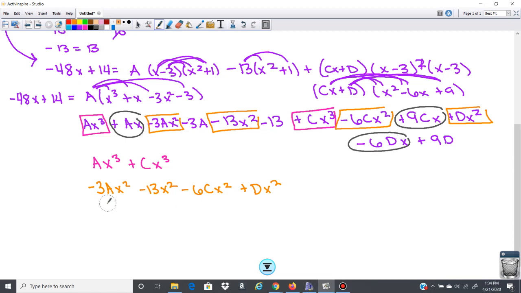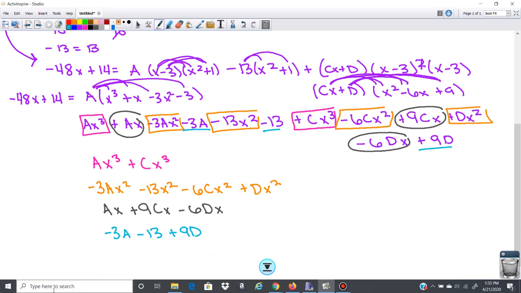So that's going to give us ax plus 9cx minus 6dx. Okay, then let's look at just our solid terms here. So we'll go light blue. So that's going to be this negative 3a, negative 13, and plus 9d.